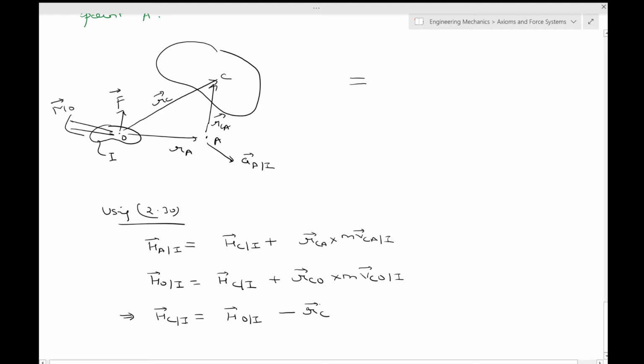I'm not writing O over here since it's very clear what it means.